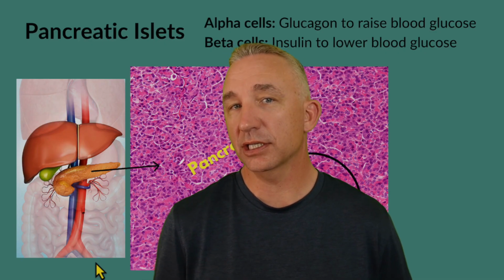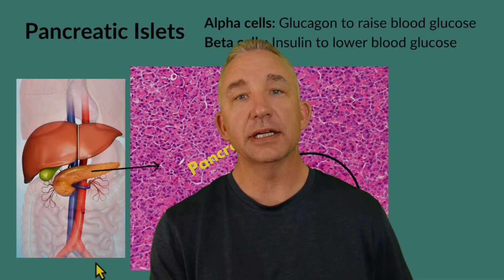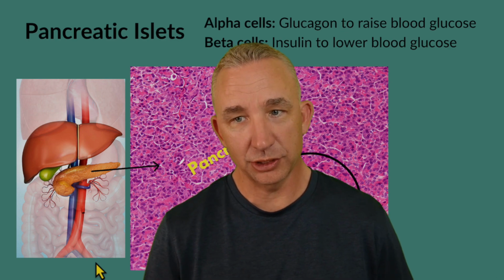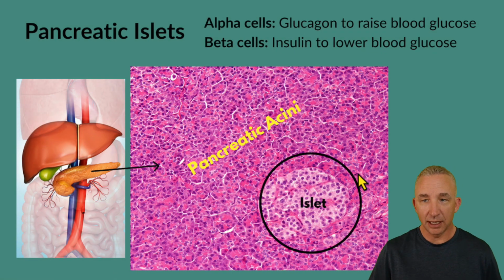So it makes digestive enzymes that are secreted into the small intestine for the process of supporting digestion. So when we look at a histology slide, the majority of all of this is called pancreatic acini. That's the exocrine function, which is roughly 98 to 99% of all of the actual organ.